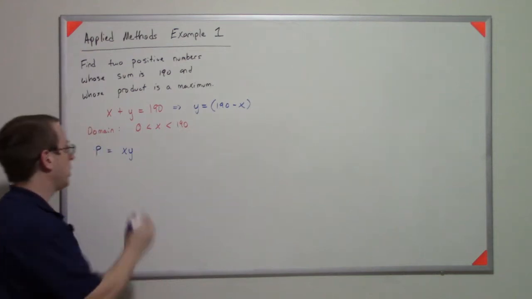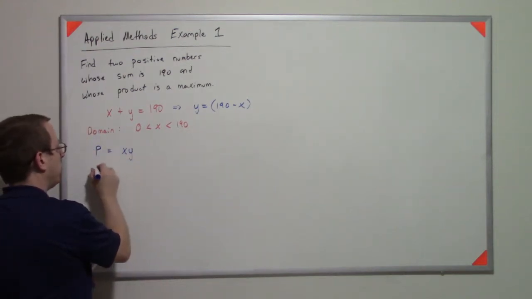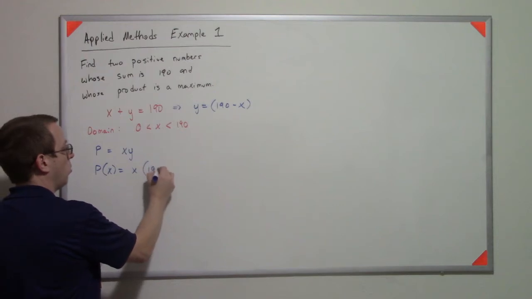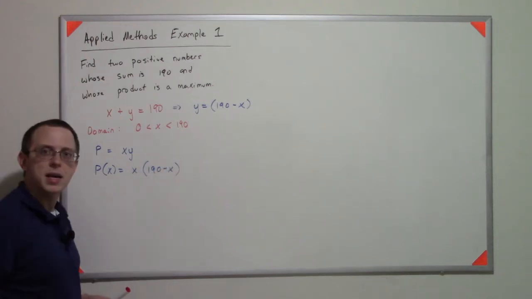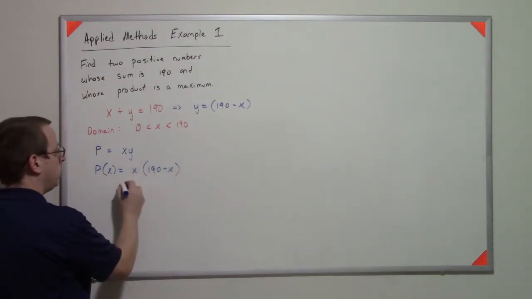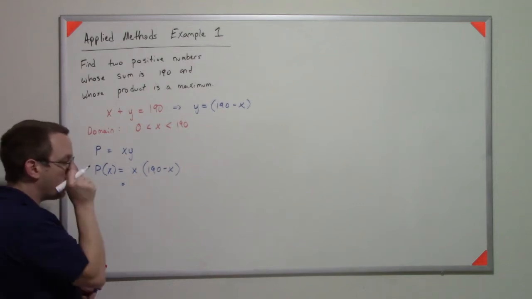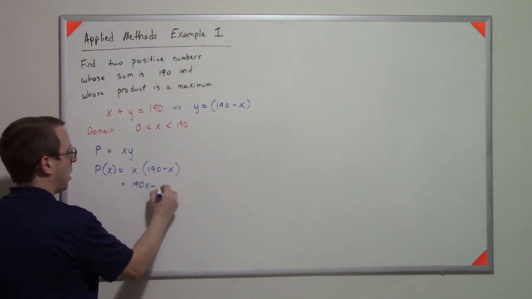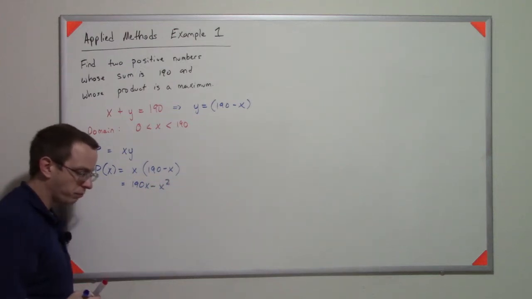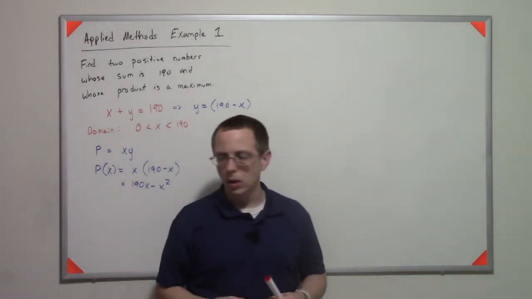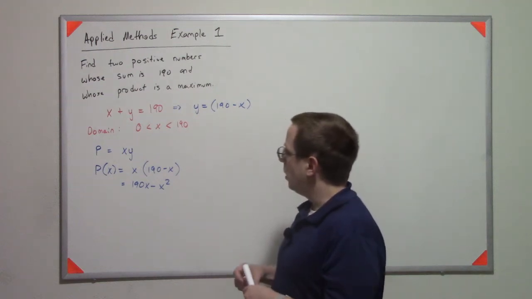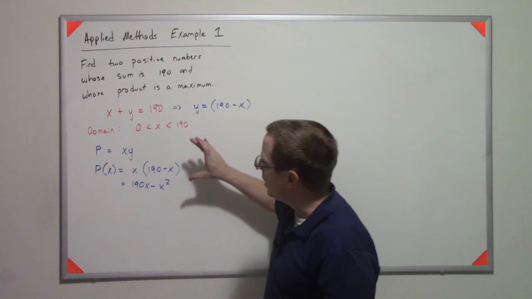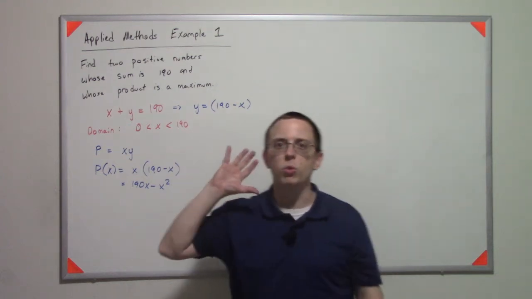Then I can say P of x is x times (190 minus x), which I'm going to rewrite as 190x minus x squared. So now I've figured out a function of one variable.